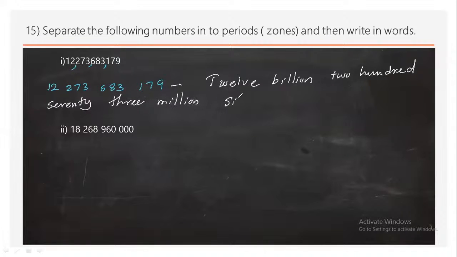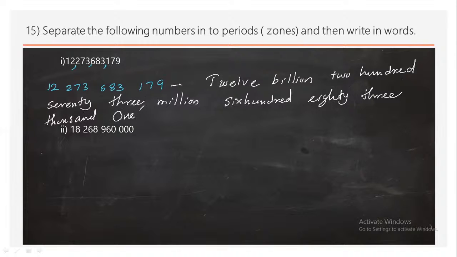273,000,000, 600, 3,179. Next one, we separate this one, this one, this one.